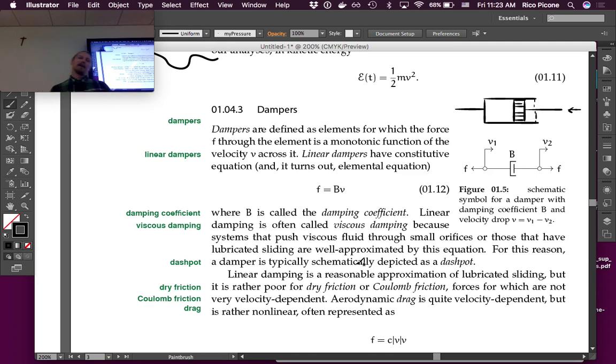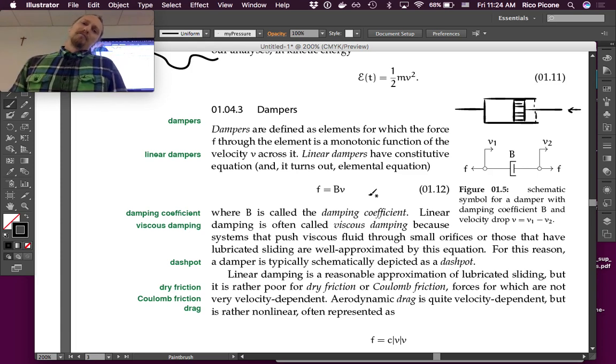But for linear sliding, if it's a lubricated surface, then it is a reasonable approximation. Now, I would say this is the least easy to model. We use the linear damper a lot, but this is the easiest one to be nonlinear. The damping is often nonlinear, and so it's tough to know what to do.